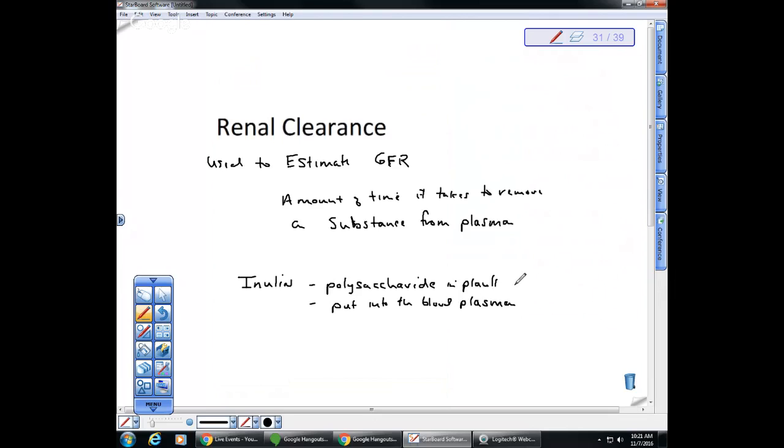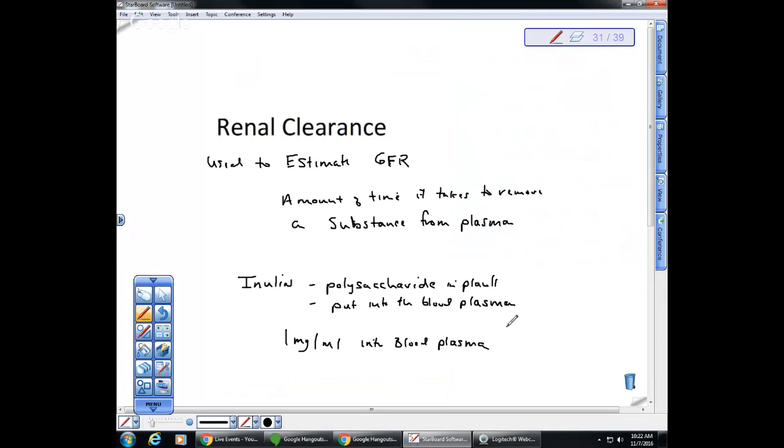So for example, if you put 1 milligram into the blood plasma, and there's a description of this in your book, the clearance would be the concentration of the substance in the urine versus the substance in the blood plasma.